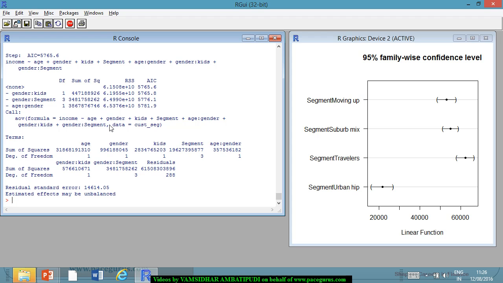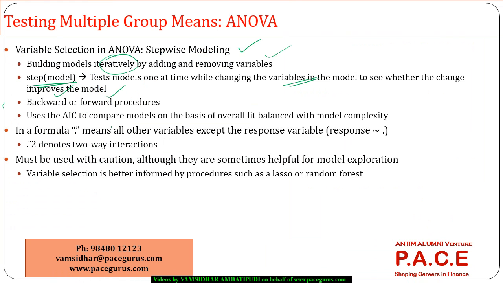We have to be very careful when we are using the squared kind of function, but squared will bring in even the two-way interactions as well. We have to use all this with caution, because one, the positive side is it can really help us with model exploration.